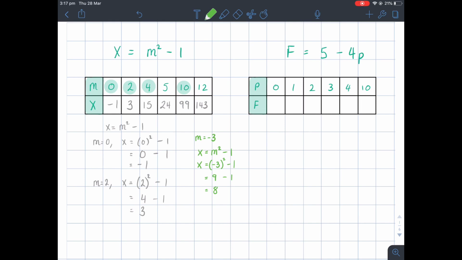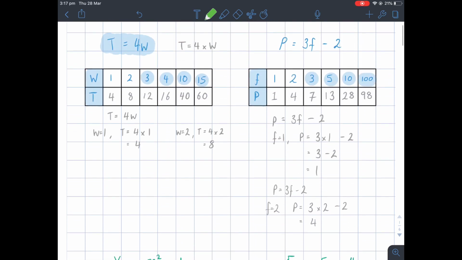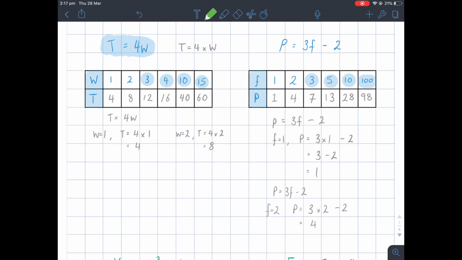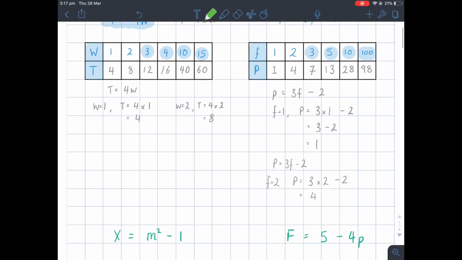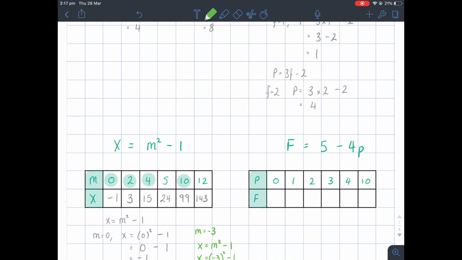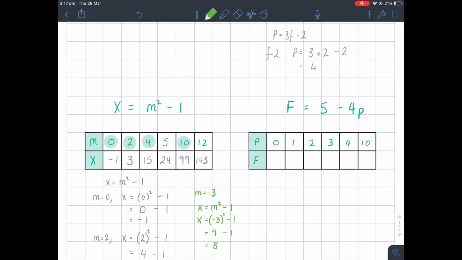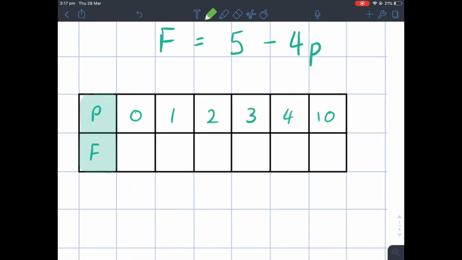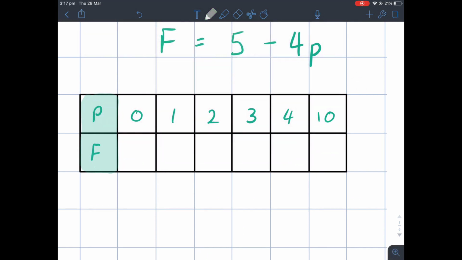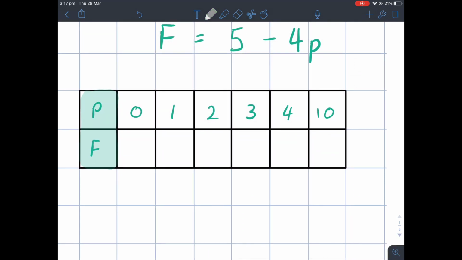Now, this last one is different again, and you'll notice how this is different to the one involving the p and f before. We had p equals 3f minus 2. This time though, it's f equals 5 minus 4p. So the variable term doesn't come first here. And we need to take a bit more care now when we're calculating this. So we're going to calculate this here. Again, we've got a table of values. We're going to work this out for p is equal to 0.